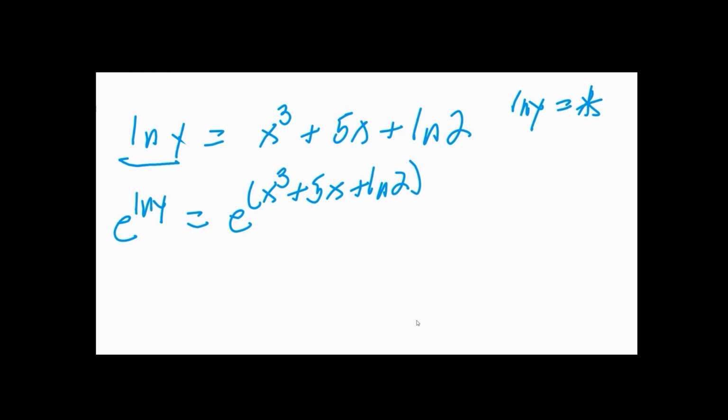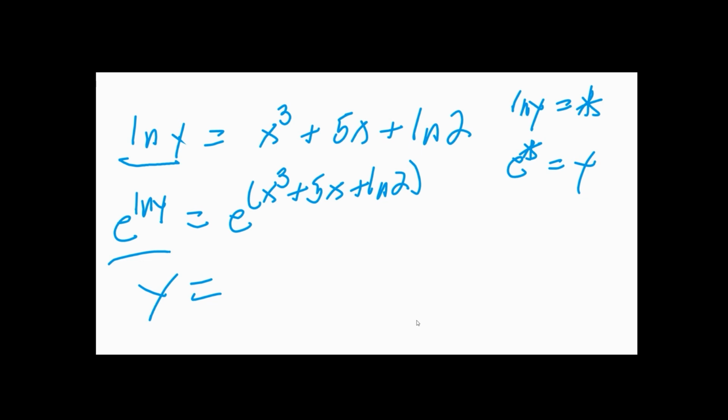Okay, ln y equals asterisk. What that means is that e to the power of asterisk is y, right? So ln y is what I raise e to in order to get y. So if I have e to the ln y, again, ln y is what I raise e to in order to get y. So e to the ln y is simply going to be y.